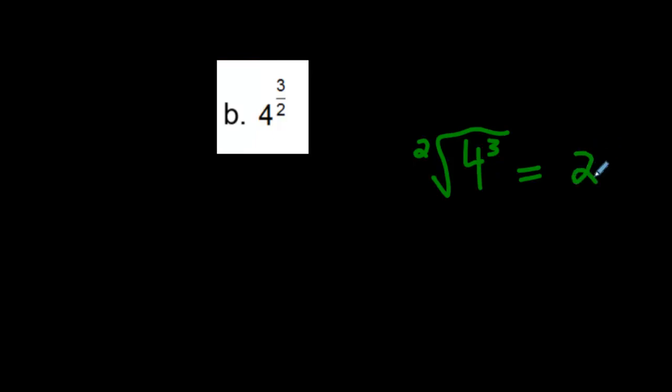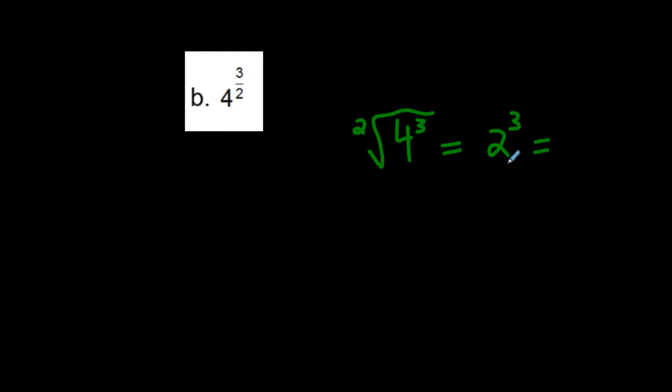I know the square root of 4 is 2, but we still have it to the power of 3. And 2 times 2 is 4, and 4 times 2 is 8. Again, if you wanted to, you could go 4 times 4 times 4, whatever that answer is, and then take the square root of it. By the way, 4 times 4 times 4 is 64.